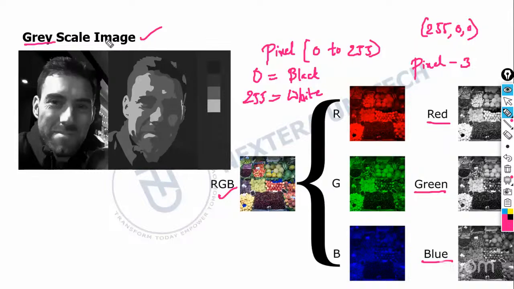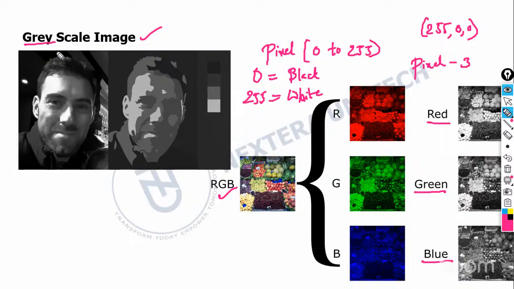We are going to represent a grayscale image in a matrix format, a 2D array, and a colored image, an RGB image, will be represented as a 3D array. The 3 dimensions are height, width, and 3. The 3 represents the RGB color channels. Making sense?